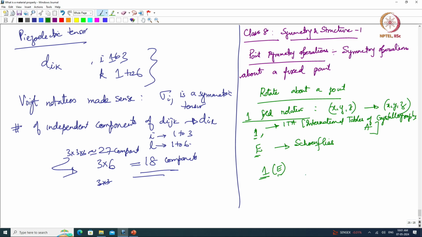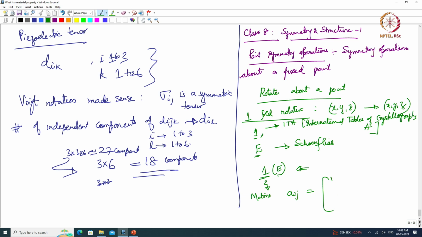This is a symmetry operation. What is a symmetry operation? I transform a vector x y z to what the symmetry operation takes. A symmetry operation is essentially a matrix a_ij, a transformation matrix.